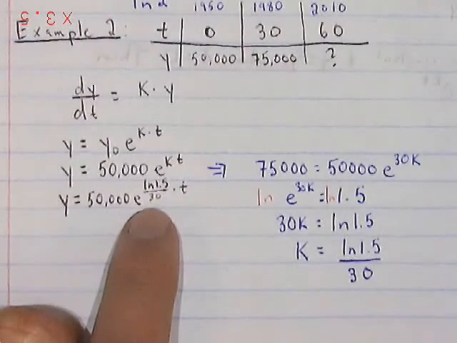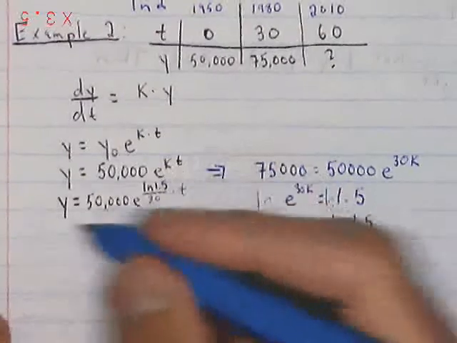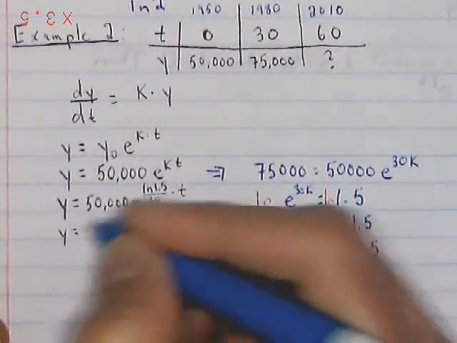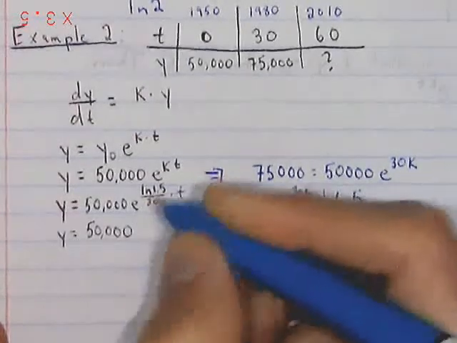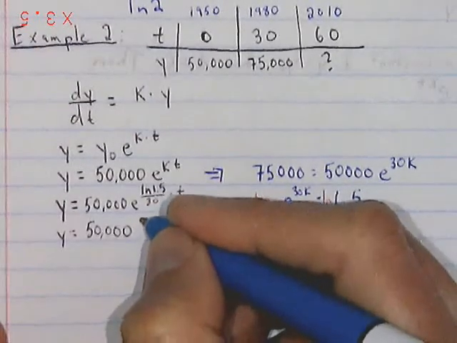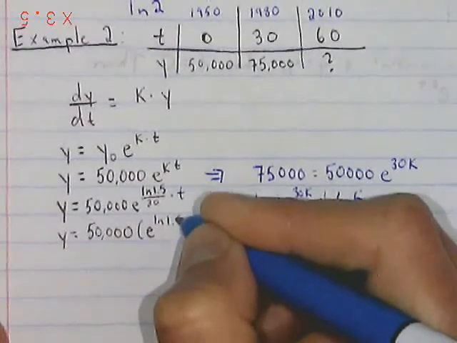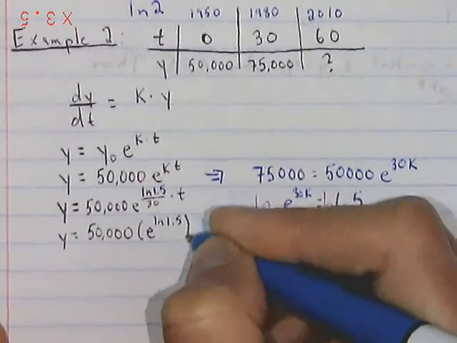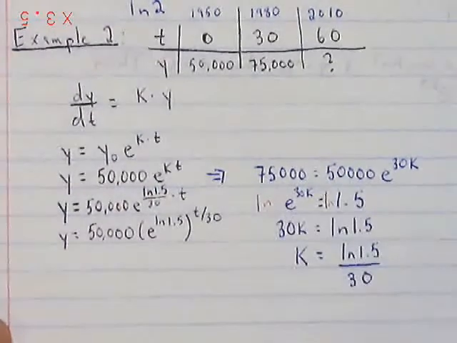But again, that's a little clumsy, a little messy. We're going to pull that 30 out, and write this as e to the ln of 1.5 to the t divided by 30.